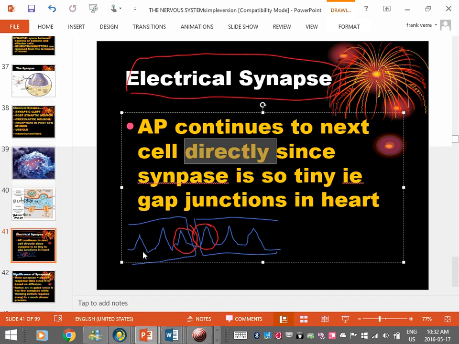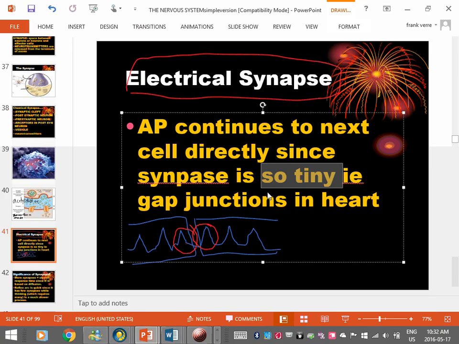So in this picture here, remember, an action potential is graphed as the up and down movement of the voltage, right? You can see here, the action potential just travels from one cell into the next cell. That's because the gap is so tiny that the signal does not need to be converted.